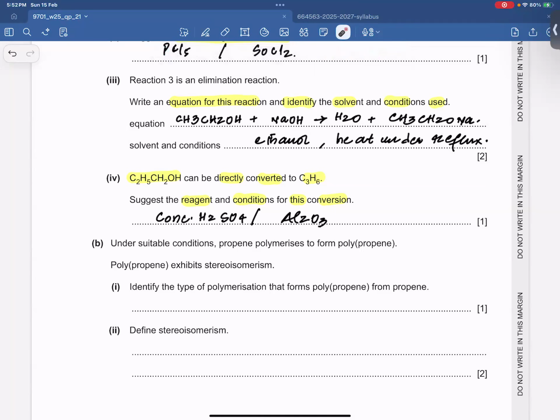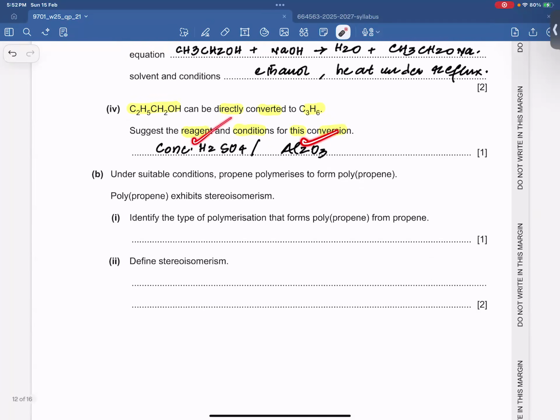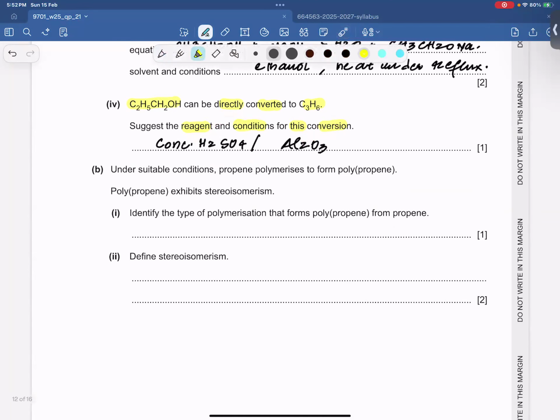I've given you both the information in the lecture. Under suitable conditions, propene polymerizes to form polypropene, which exhibits stereoisomerism. Identify the type of polymerization that forms polypropene from propene. Alkenes always undergo addition polymerization.